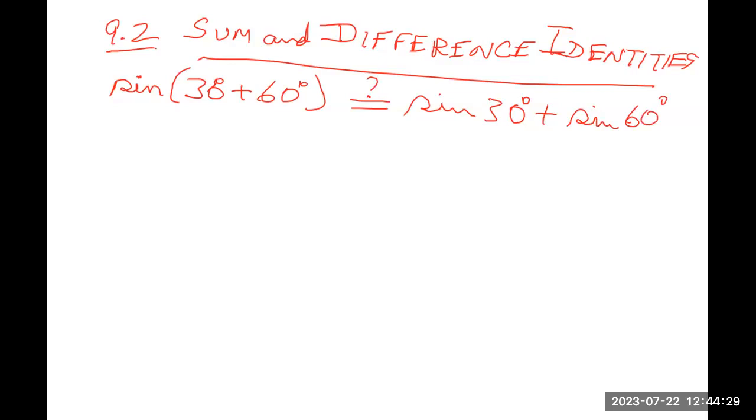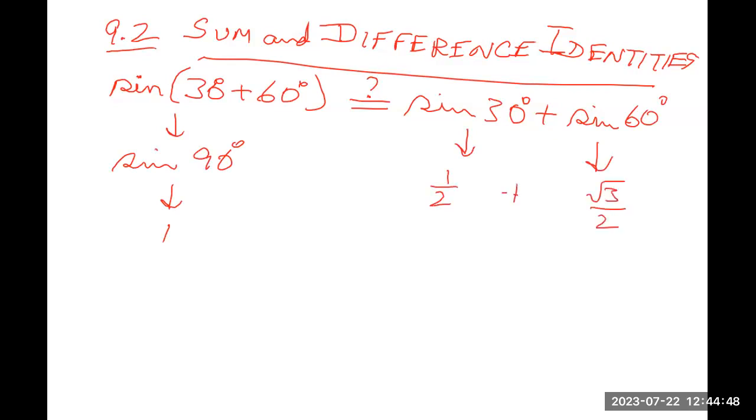First, sine of 30 plus 60 is basically sine of 90 degrees, and we know that that's equal to 1. Whereas sine of 30 degrees is 1/2, and sine of 60 degrees is √3/2.